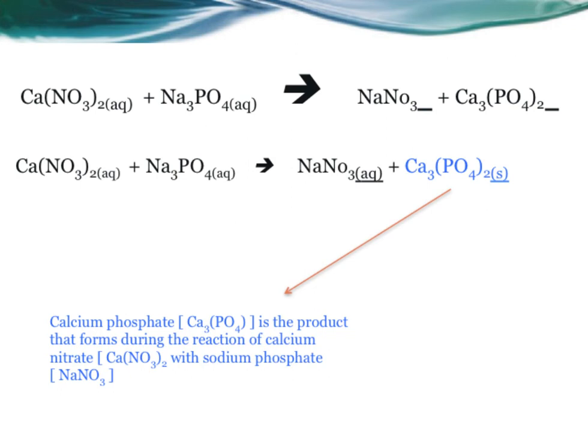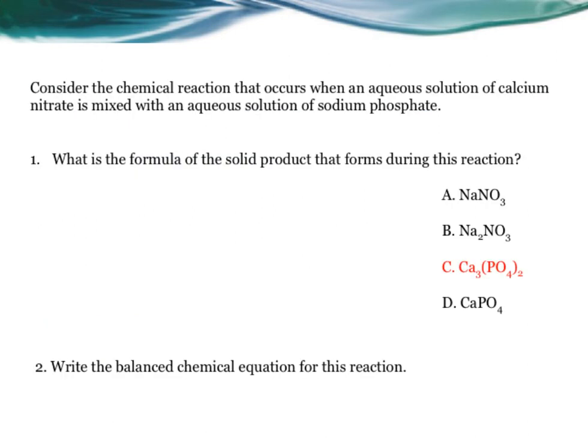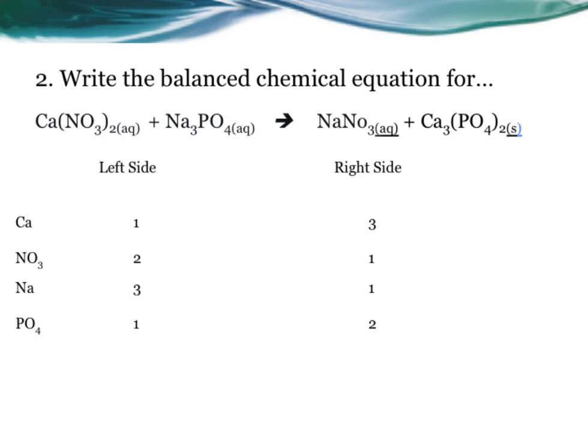We answered the first part of the question, and now we have to balance the chemical equation. An effective way of balancing an equation is by creating a table. I divided my table into the left side and the right side. The right side is the side of the products, and the left is the side of the reactants.